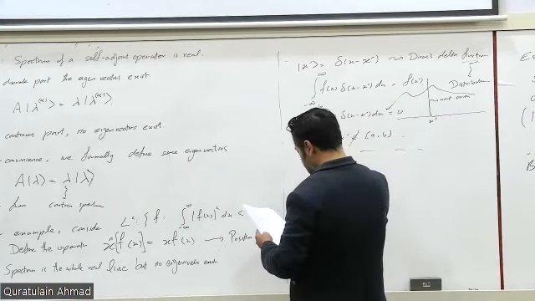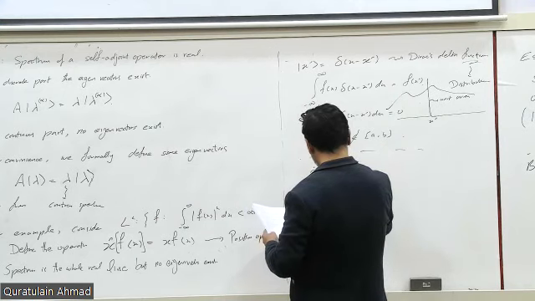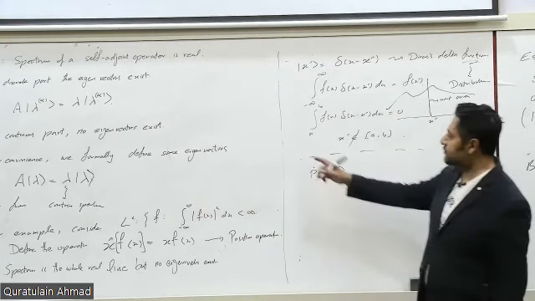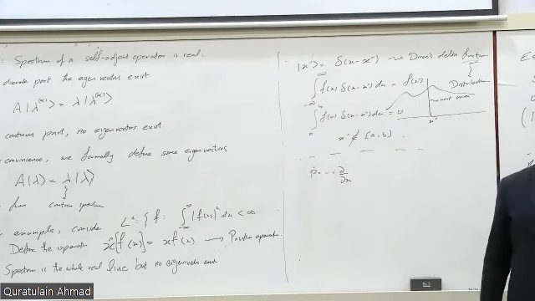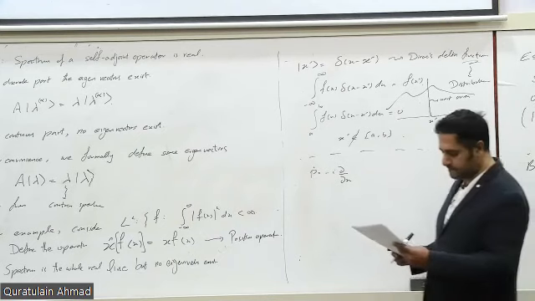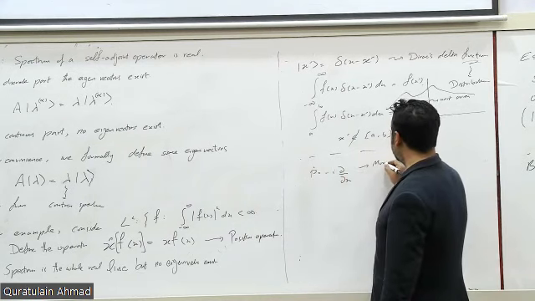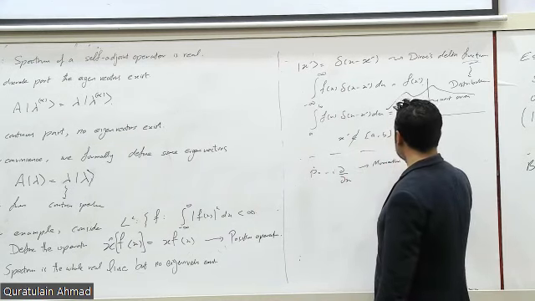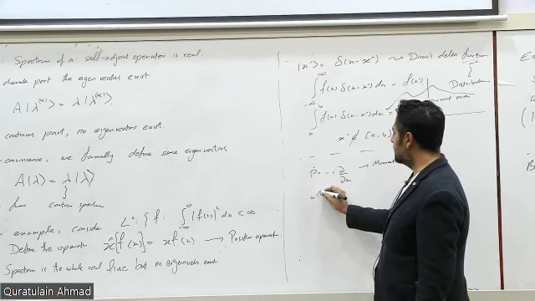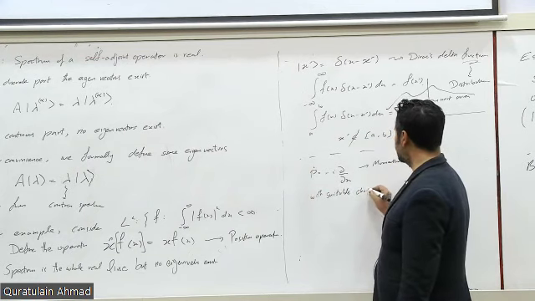Similarly, you can define this operator on this space. For this, instead of L2, you need at least C1 or C2, functions which you can differentiate. Take this operator. This is called the momentum operator, with a suitable choice of domain.